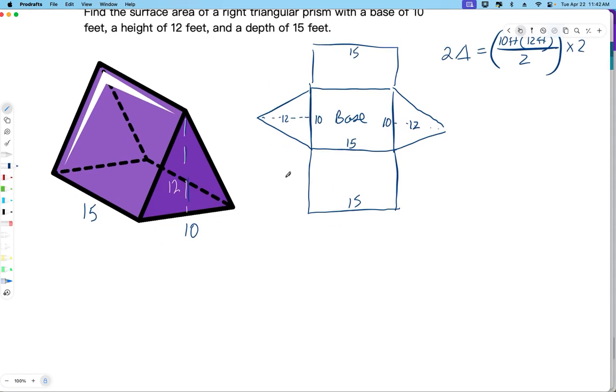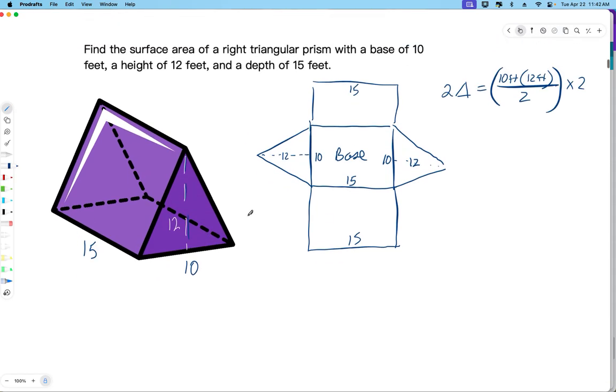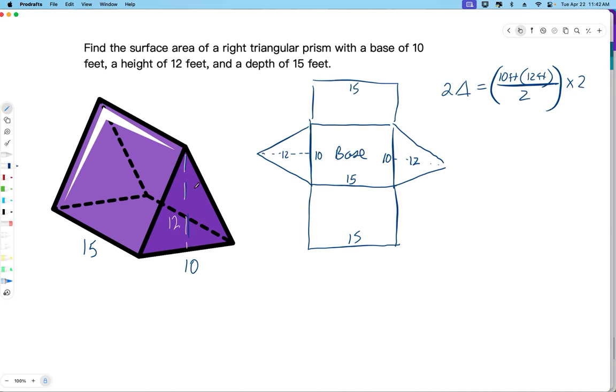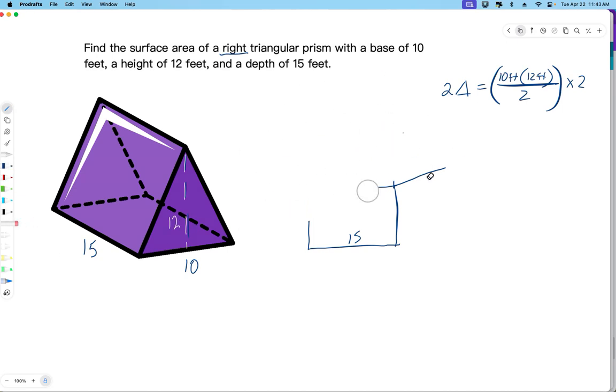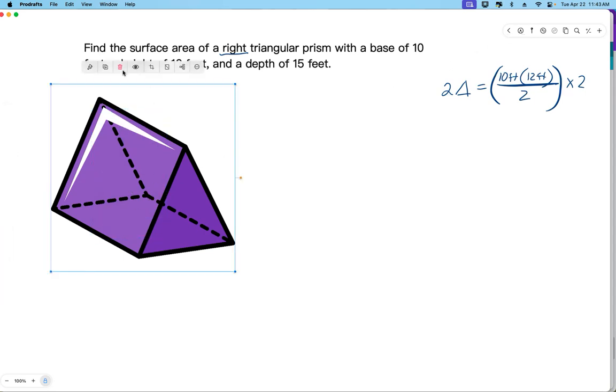So we know if we have a right triangular prism, this is the wrong picture. Let me undo this. This is still true, but we have a right triangular prism. So let me get rid of this picture and draw the right picture.